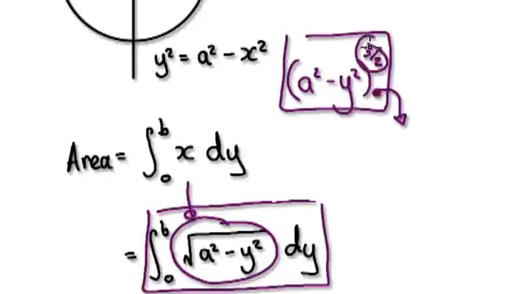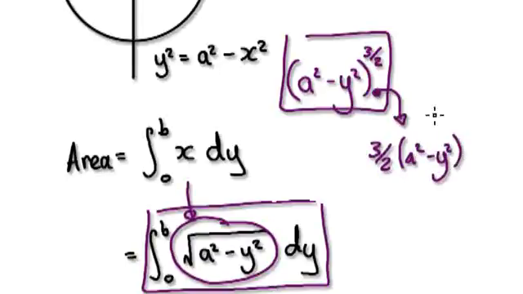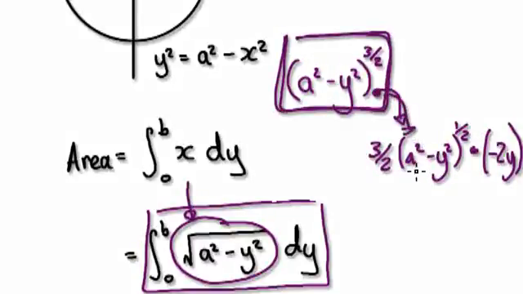This thing goes down, so that would be 3 over 2 a squared minus y squared, and then this gets minus 1, so that would be this. But then we need to times it by the derivative of the bracket itself, which would be negative 2y.